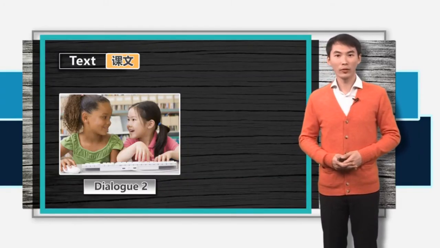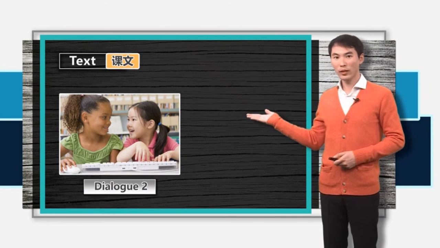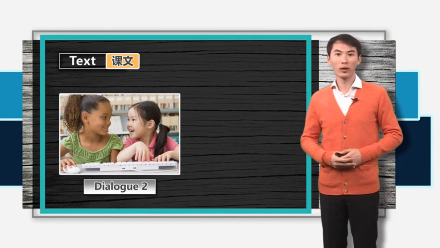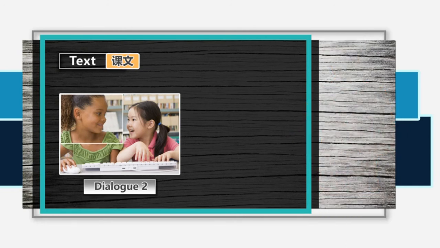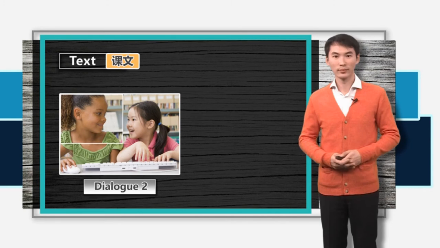Now, let's move on to the text. Look at this picture and listen to the dialogue. Figure out the nationality of the second girl. 你是中国人吗? 我不是中国人, 我是美国人. Okay, did you get it? 他是美国人. Very good.